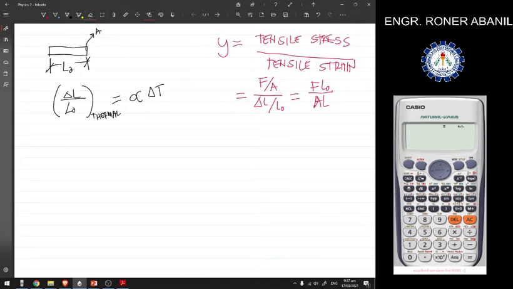Teka, ayusin natin. So, magiging F, initial L, A, ito, multiply by the change of L. Ayan. So, ito yung formula ng Young modulus.